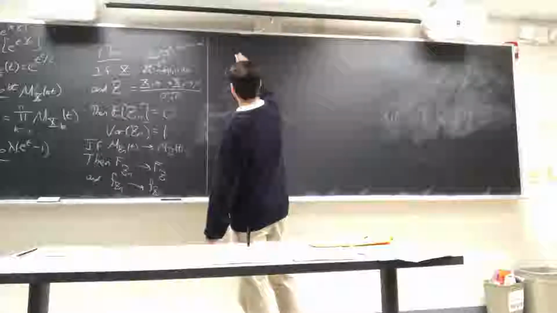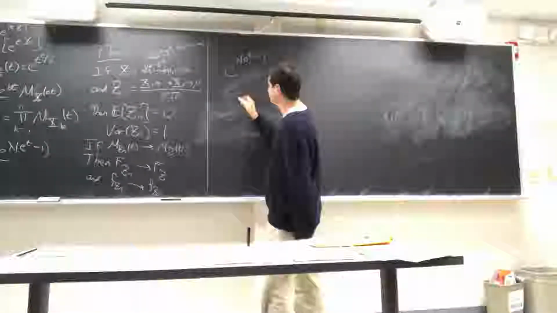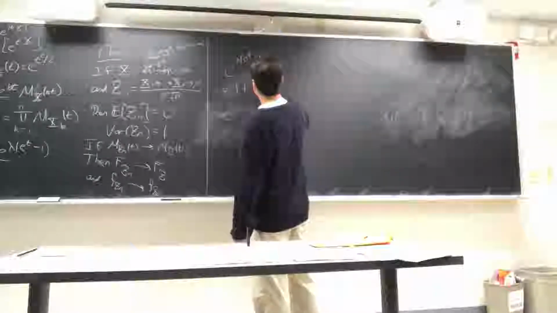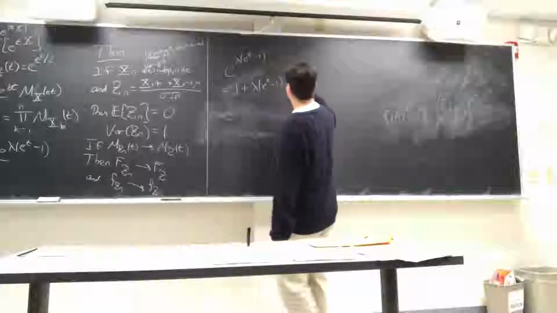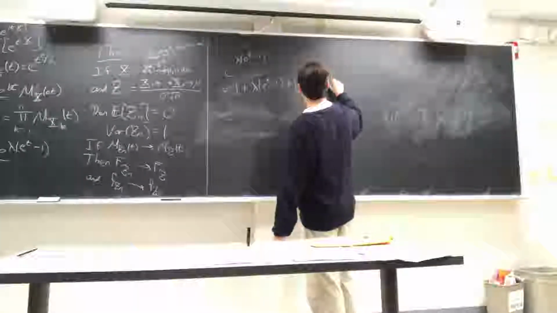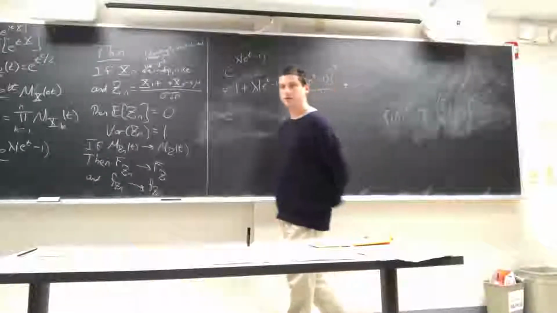So we have e to the lambda, e to the t minus 1. This is 1 plus lambda (e to the t minus 1) plus lambda (e to the t minus 1) squared over 2 factorial plus dot, dot, dot.